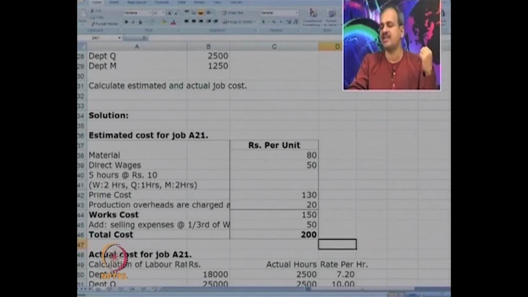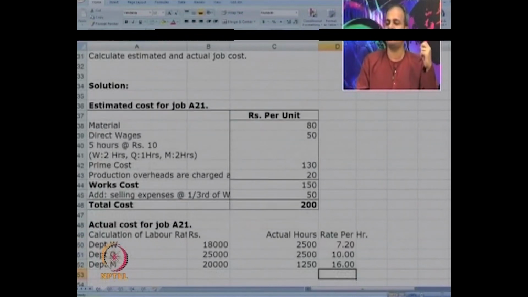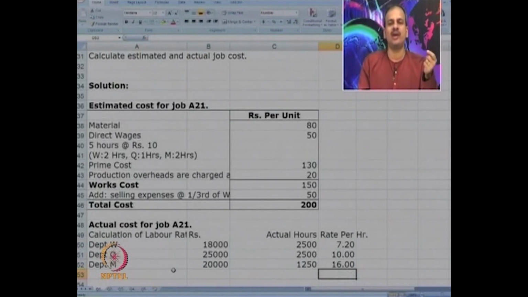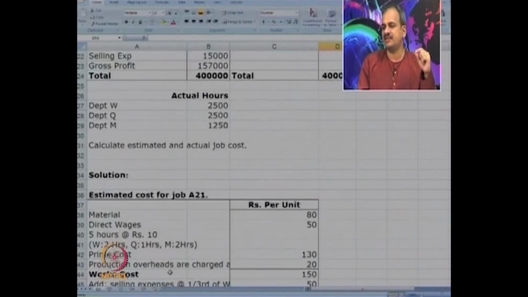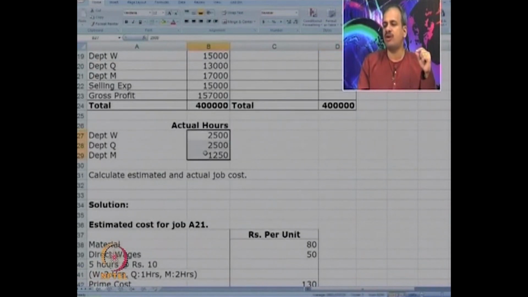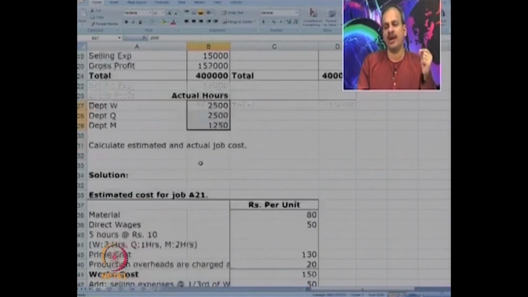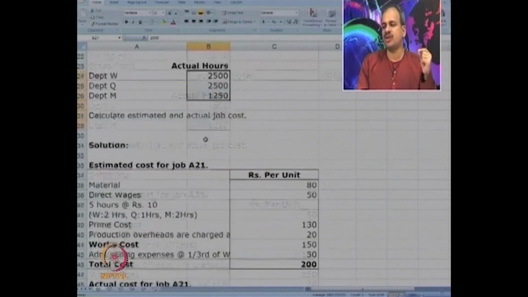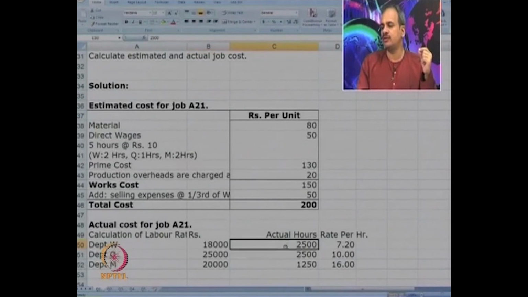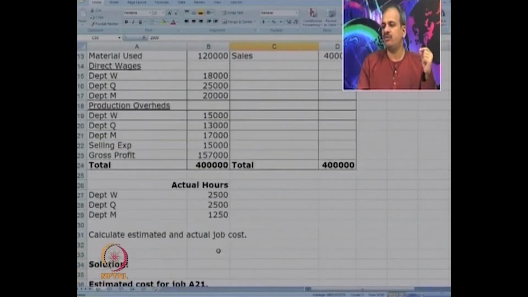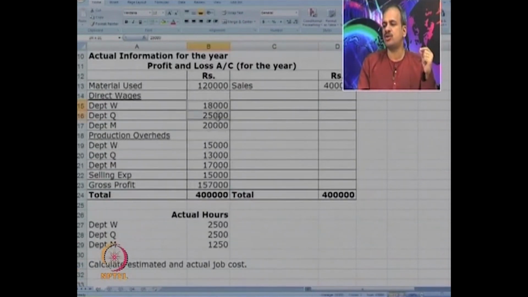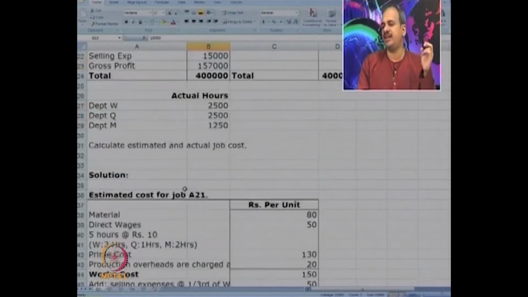Now let us see what the actual cost is. Before going for actual cost, we have to calculate the actual absorption rate for overheads. If you see, the actual hours worked in departments W, Q, M were given, that is 2500, 2500 and 1250, and the wages of the 3 departments were also given, that is the direct labor, which is 18, 15 and 20 thousand.